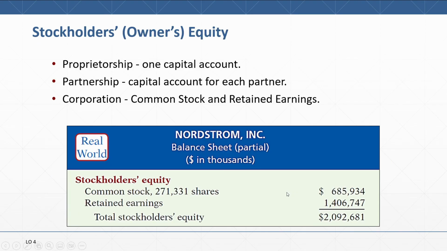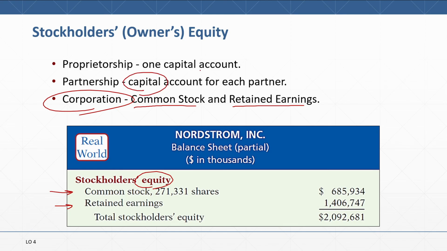And finally, under the equity section for a corporation, we always start with common stock account and then retained earnings. These two accounts are used only if we are reporting for a corporation. Sole proprietorship firms as well as partnership firms, they use capital accounts, not common stock and retained earnings. So the presentation is different depending on the types of the business.